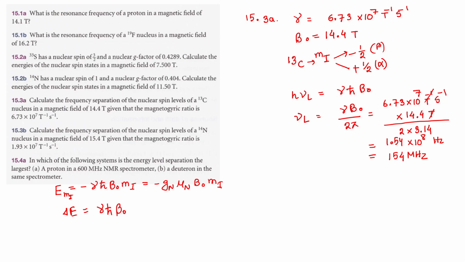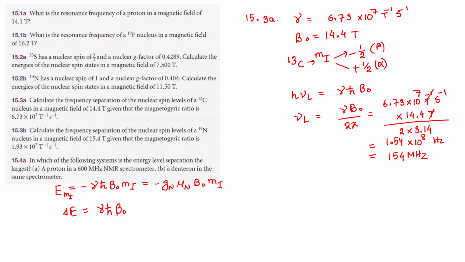In that case your energy gap would be 2 into gamma h cross B0. Or you can check whatever it is coming for the state with 0 mI, where the energy will be 0 obviously, and it would be easy to calculate. Okay, anyway, so 15.3b is given to you as homework.